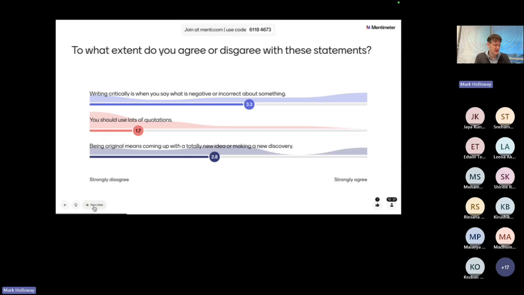That's a good reason to use a quotation. But there's no clear relationship, say, between the number of quotations you use and the overall quality of your work. So the idea that you should use lots of them is neither here nor there.